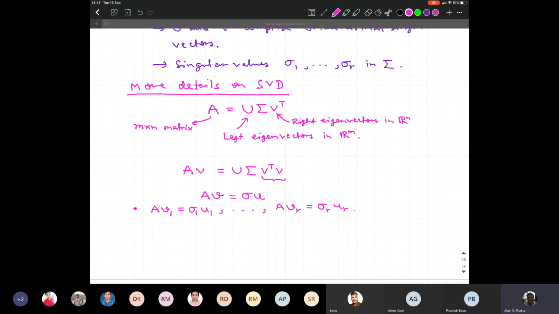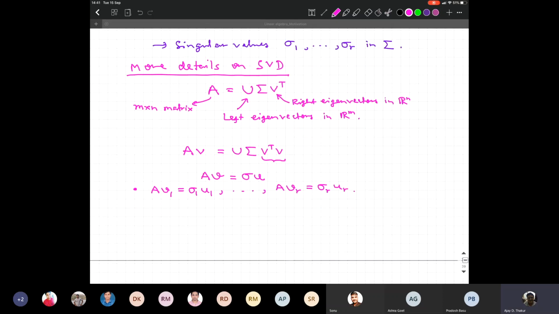So V connects to U and U connects to V, and beyond this, A V r plus 1 equals 0, up to A Vn equals 0.